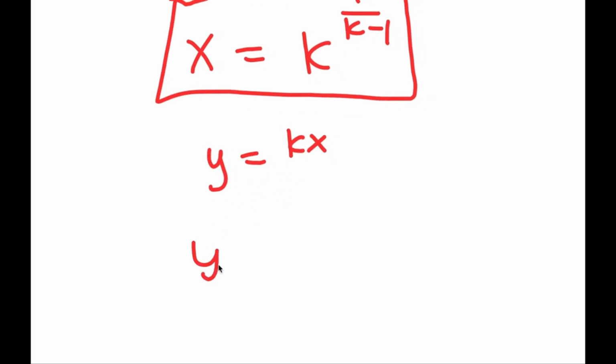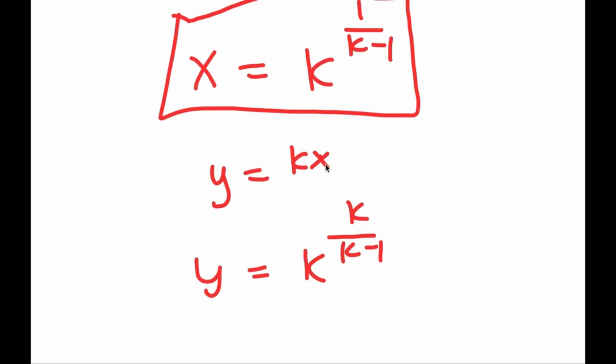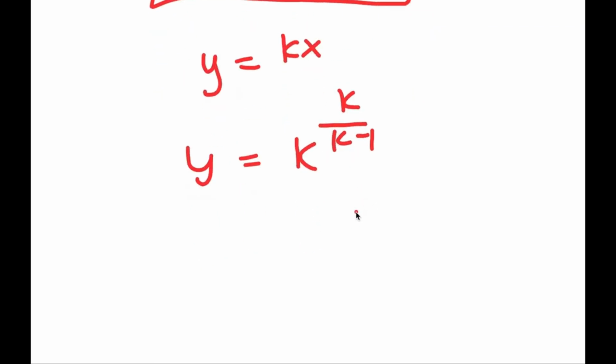So this means that y is equal to k to the power of k over k minus 1, because x is k to the power of 1 over k minus 1, so this times k would just be k to the power of k over k minus 1.